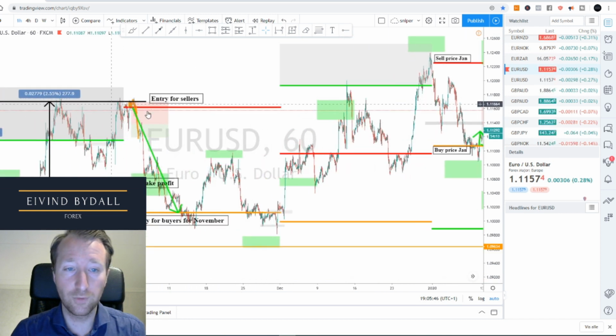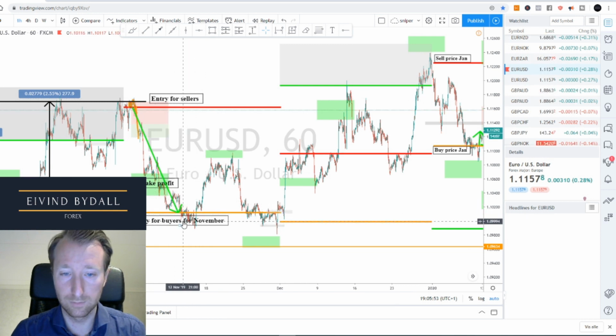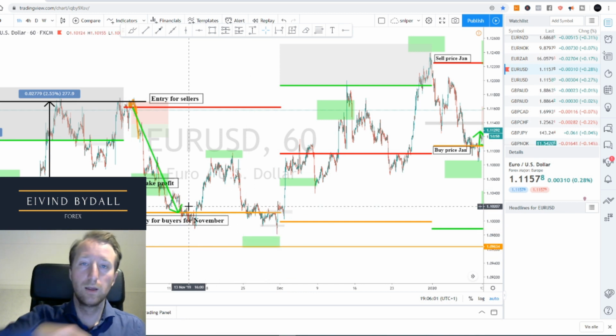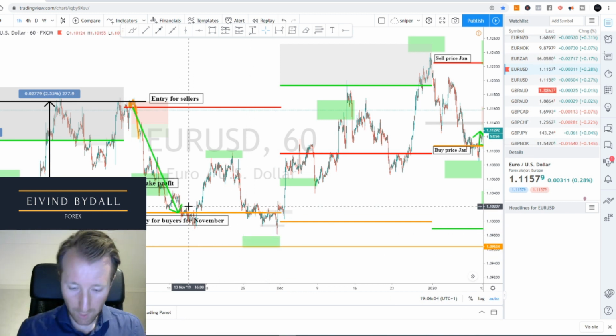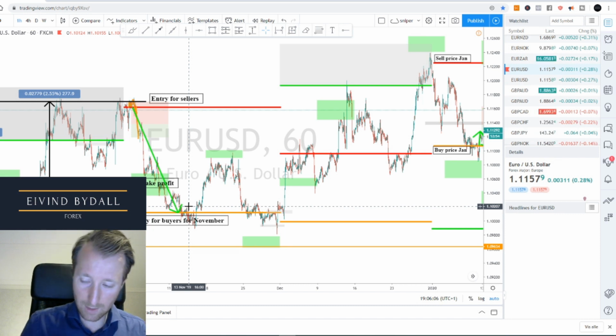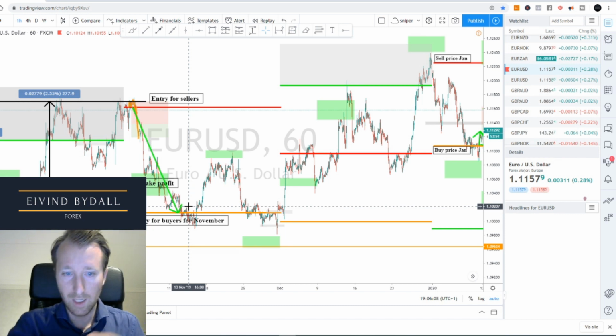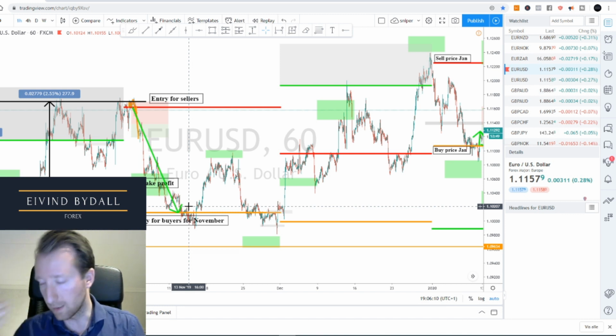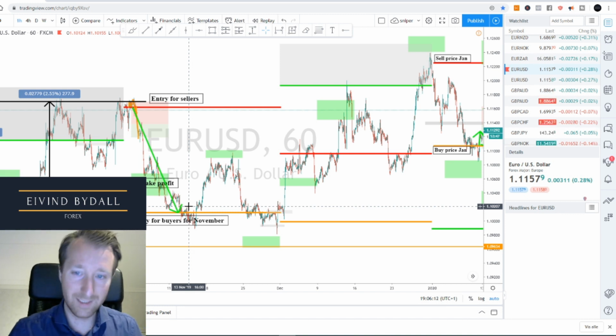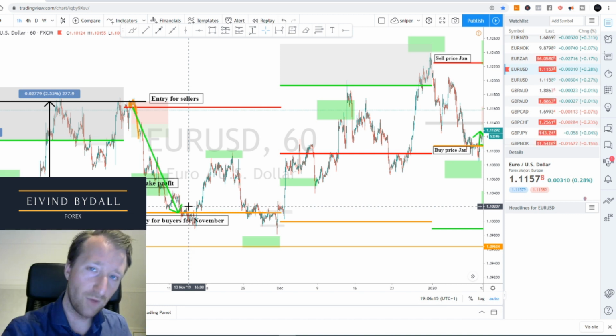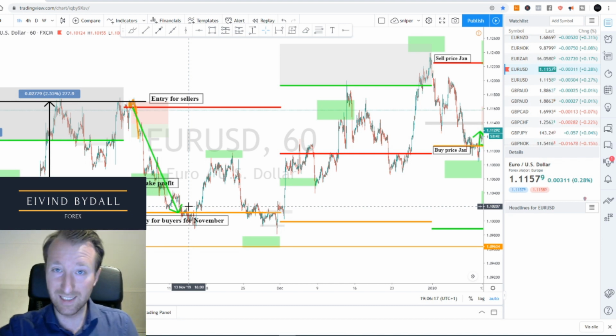This was the entry for sellers in November. This was the entry for buyers in November. That was a weekly target. That was a weekly target. That was a weekly target. When there is a target, and in the next month there's a new sell, it gives turns. That's how I see it. Gives turns. One gets to run, takes profit. The other one is entering.